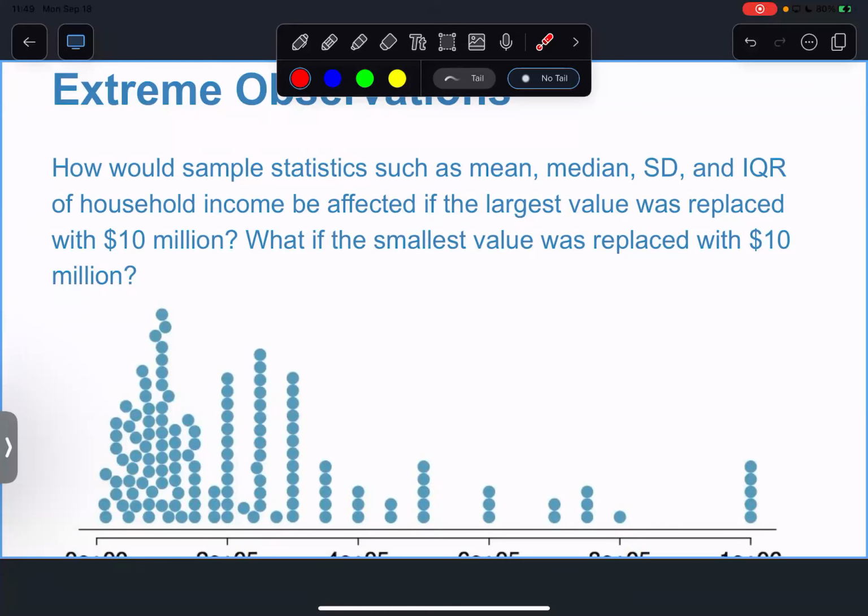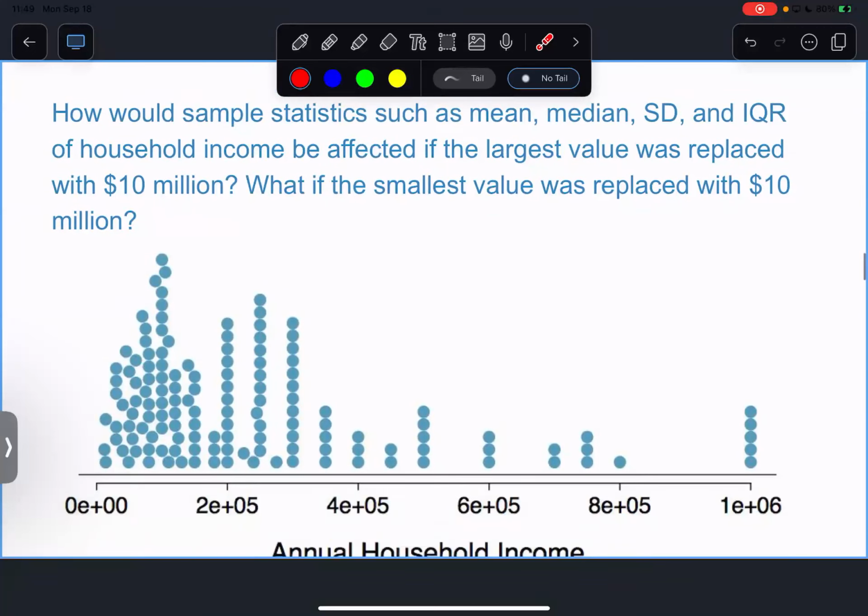So if we had to think about how these values are affected by outliers, if we have data points like this, and what if we replace, it's hard to tell because they've got these weird scales, but if the largest value is replaced by 10 million, how would that be affecting our centers and spreads?